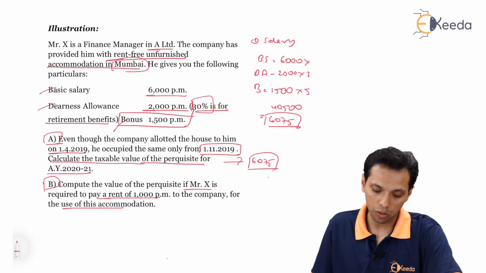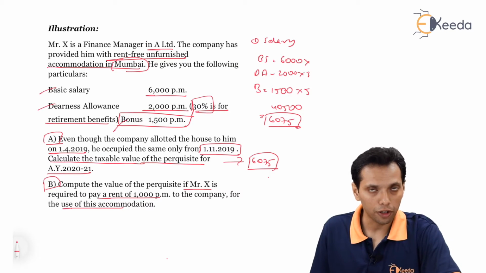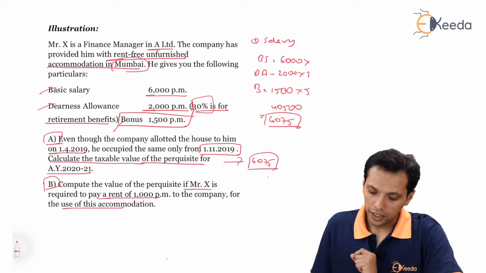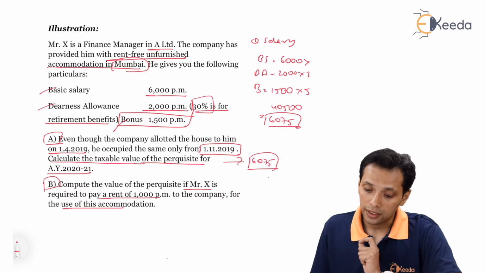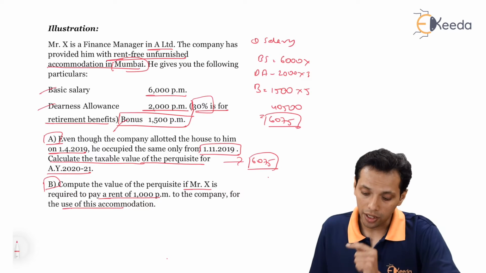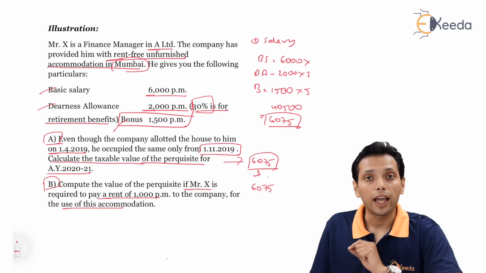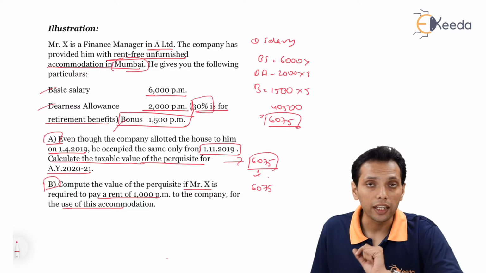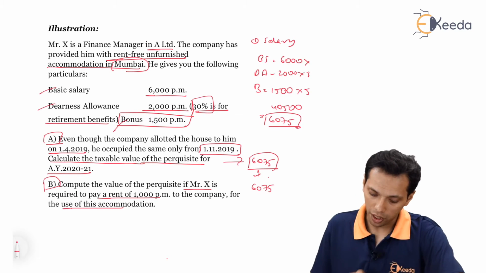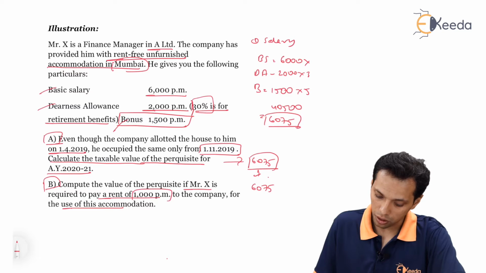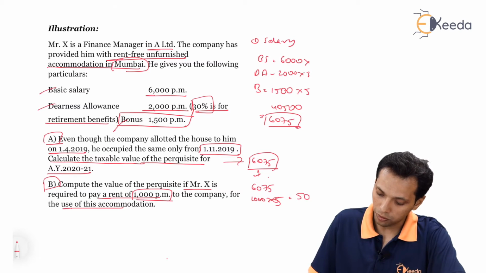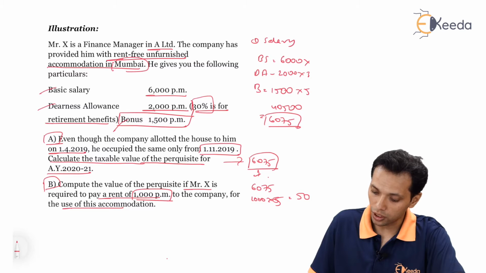So the perquisite value, assuming it is again an unfurnished accommodation, and the circumstances remaining same, the perquisite value would be borrowed from here, which would be 6075, and any concession in rent or any amount recovered from the employee will be 1000 per annum. 1000 per annum is nothing but into 5, which is 5000. So this both is to be compared.